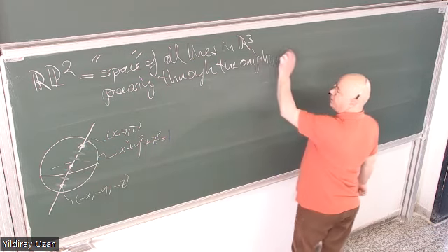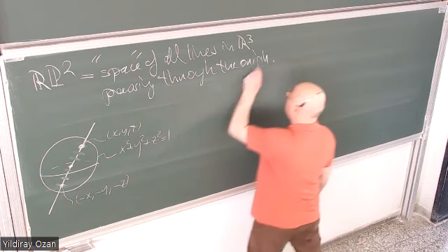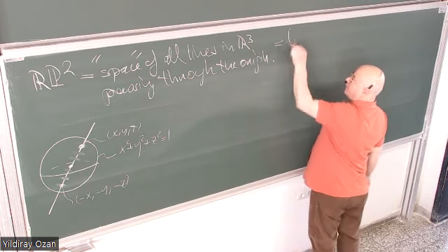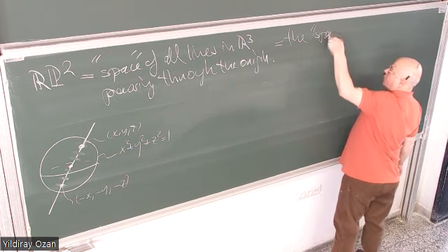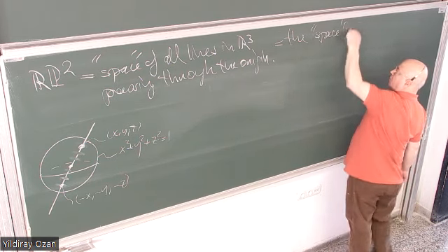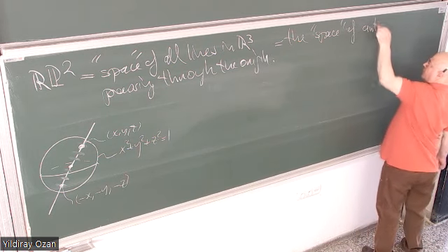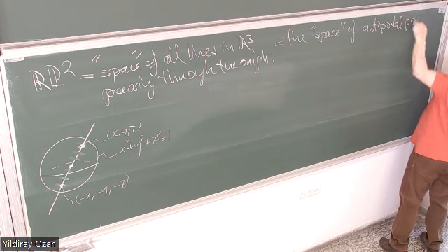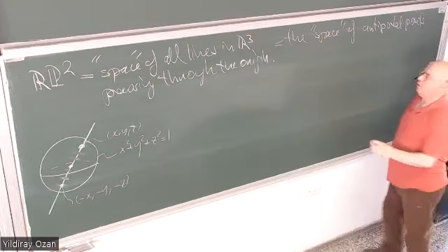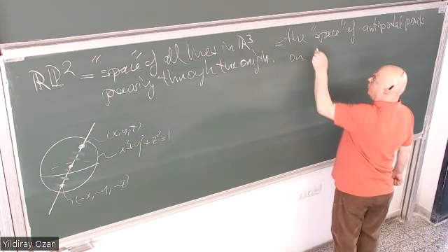So this is the same thing as the space of antipodal points on S2.